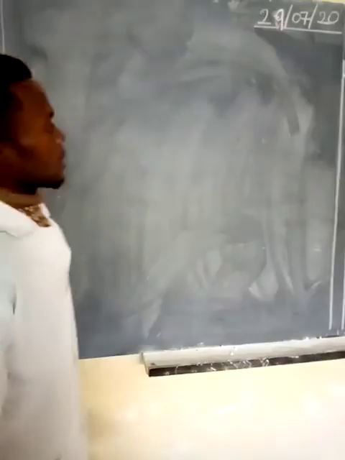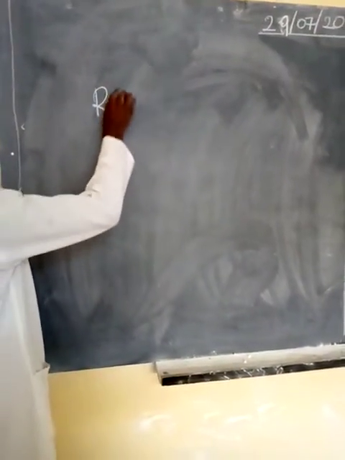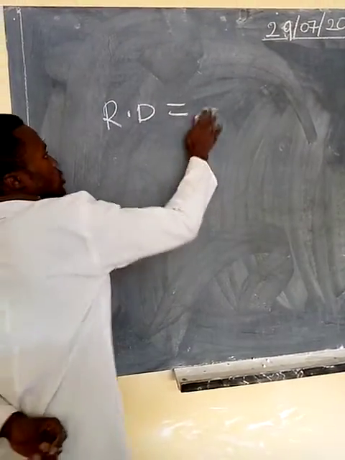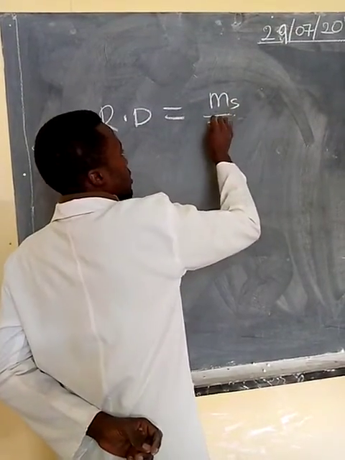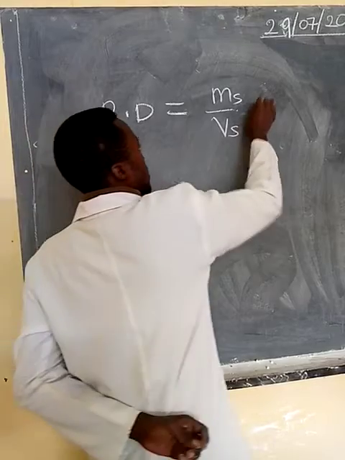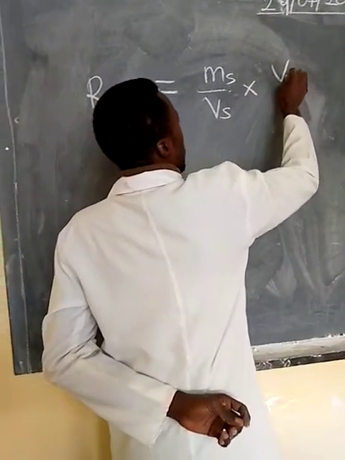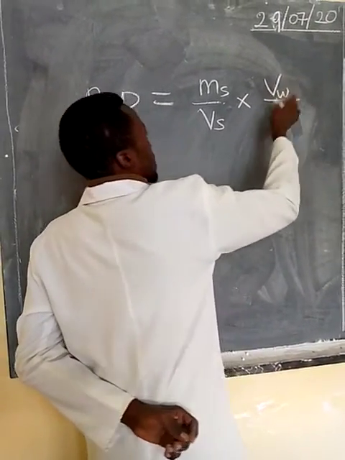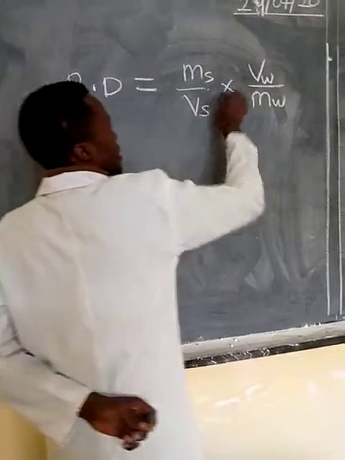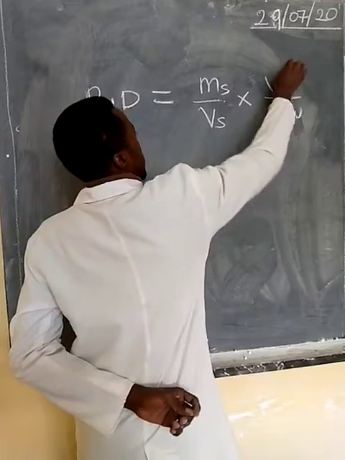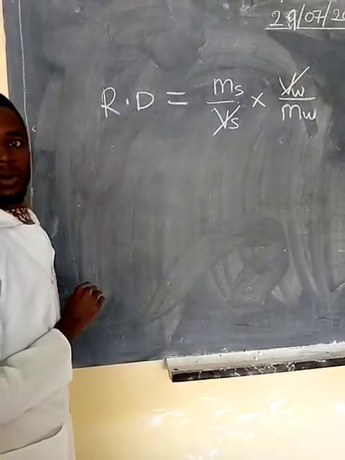Okay, so we're saying Rd is equal to the mass of a substance over V of a substance, times V of water over the mass of water. Now we said these two, if they are equal, then they cancel.